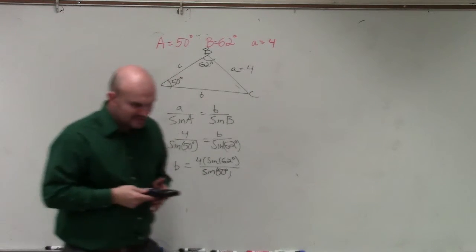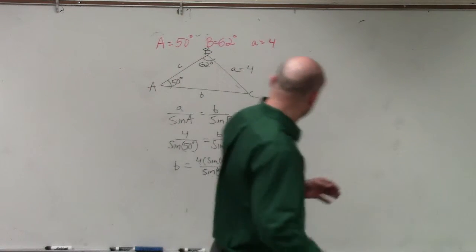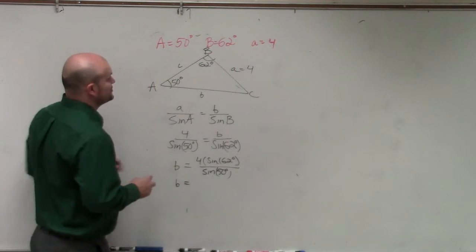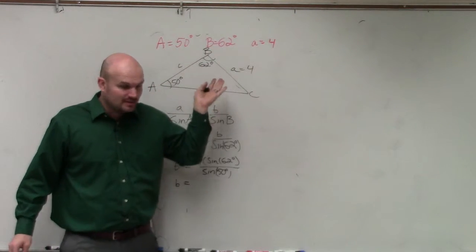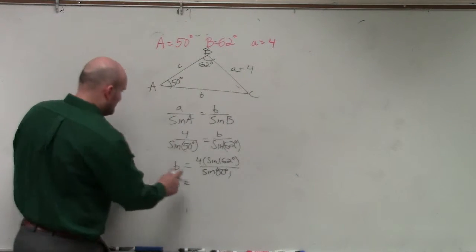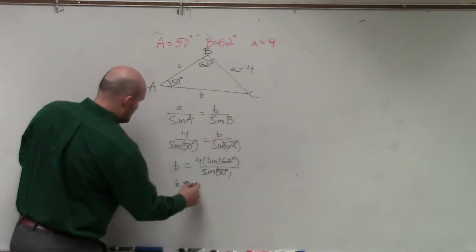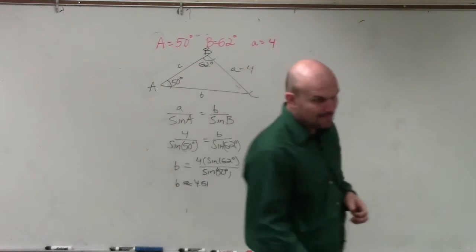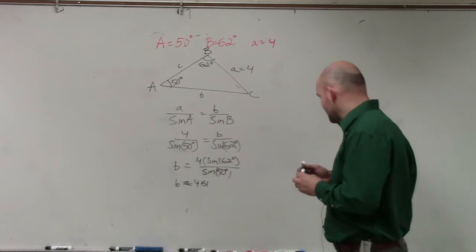That's going to be 4.61 approximately. Unless you're told otherwise, or you have a significant digit requirement, I always round to the hundredths. So b is approximately 4.61. OK? So now I know what b is.